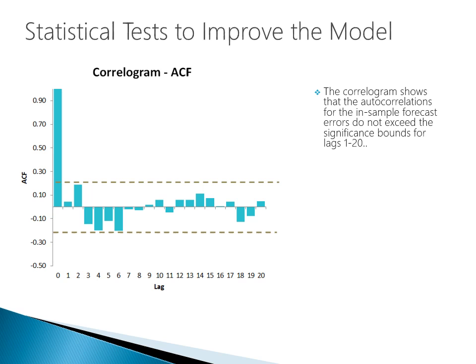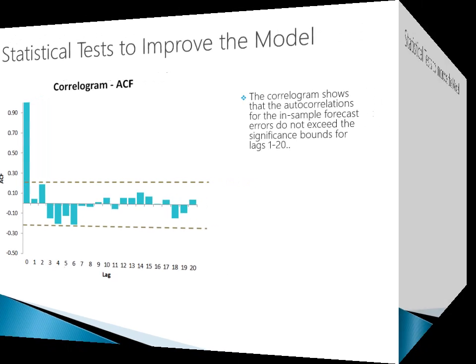So we can continue to evaluate this approach by performing our statistical tests. In this case, the correlogram shows that the autocorrelations for the in-sample forecast errors do not exceed the significance bounds for lags 1 to 20. So they all fall within these bounds.